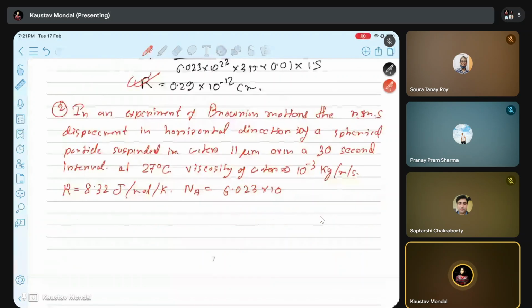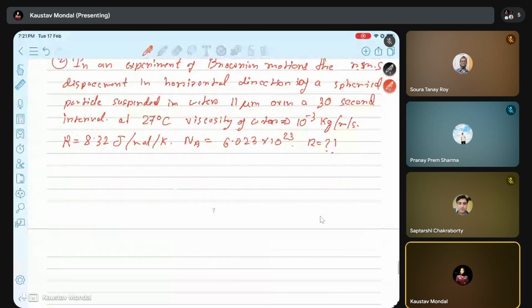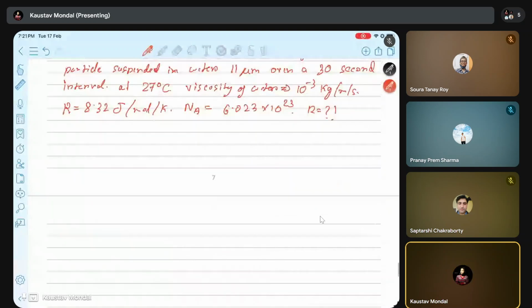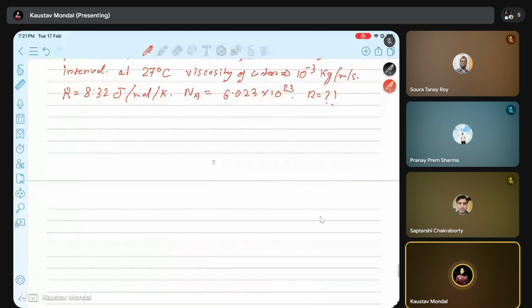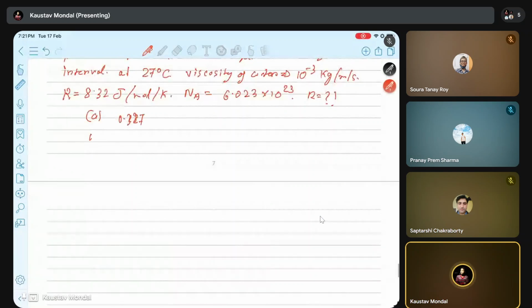Then calculate the radius of the particle. What is R? In a similar way. Here the units are a bit different now. The options are also given: option A is 0.327, option B is 0. R is in micron.